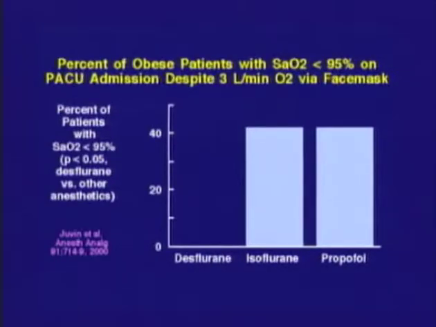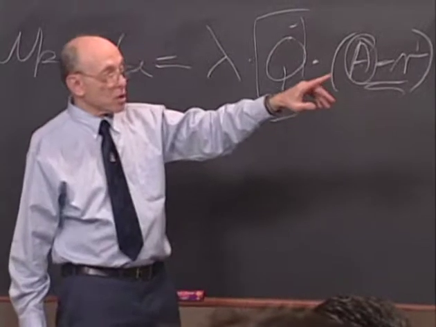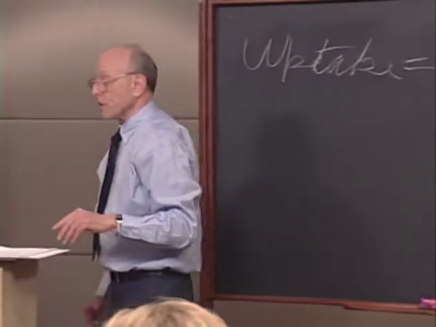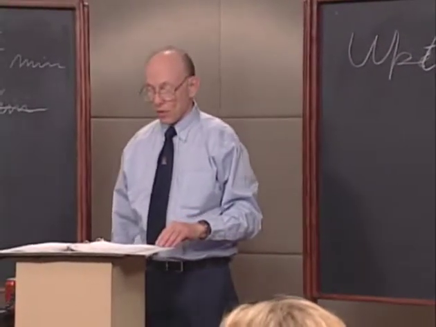This is in the patients as they return to the PACU and are receiving 3 liters per minute of oxygen via face mask. None of the patients who received desflurane, who are all awake, incidentally, had this extent of desaturation. Those who were given isoflurane and propofol had an incidence of 42% having desaturation.